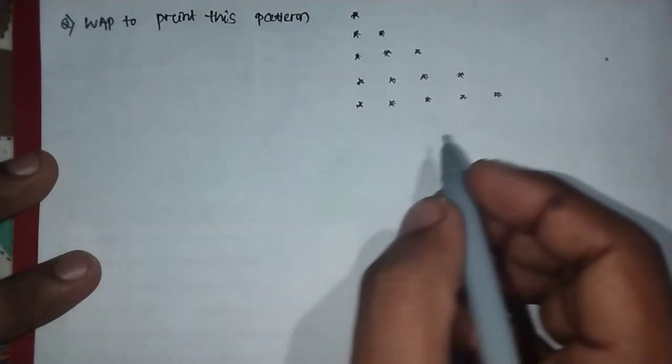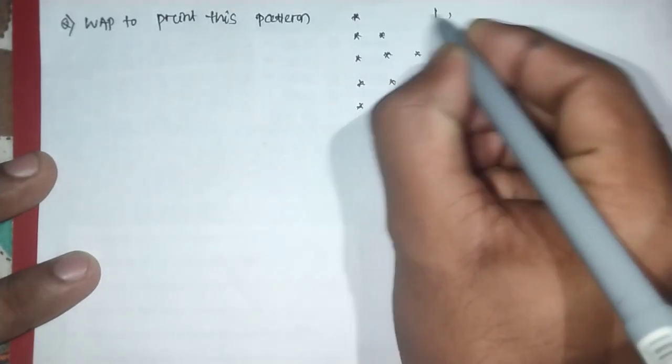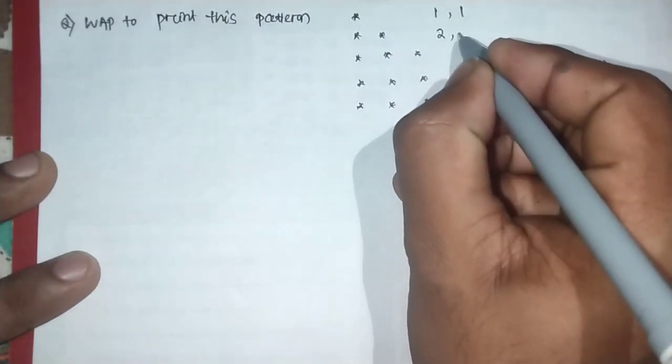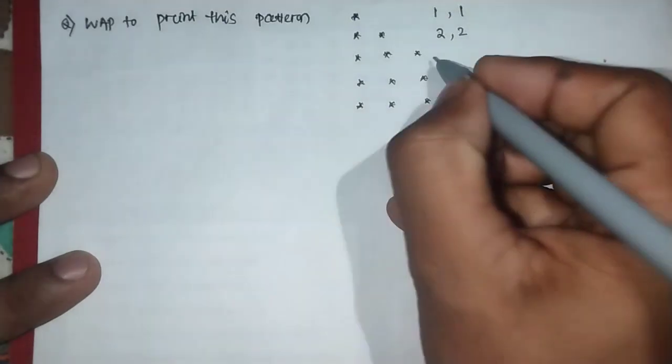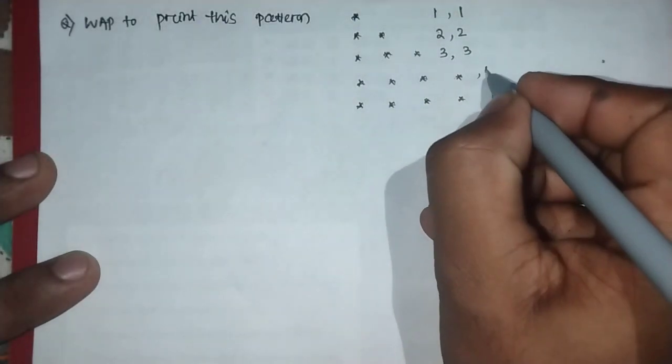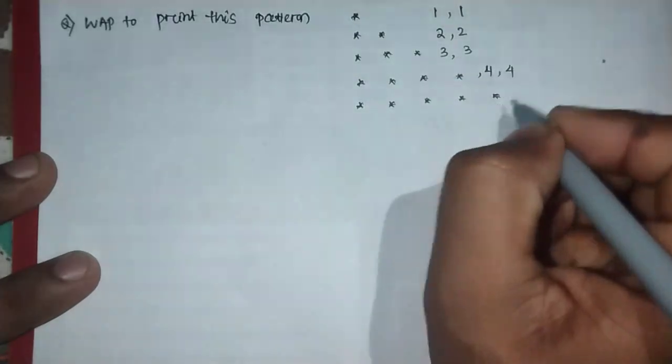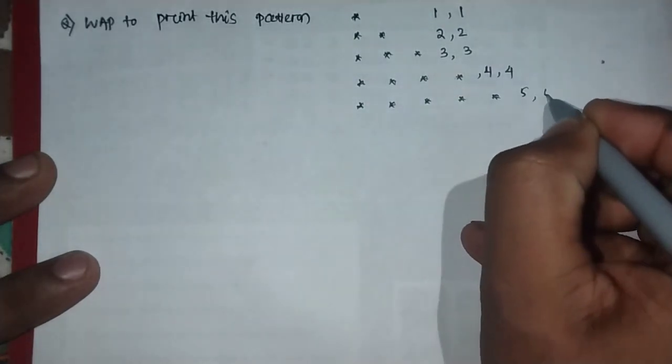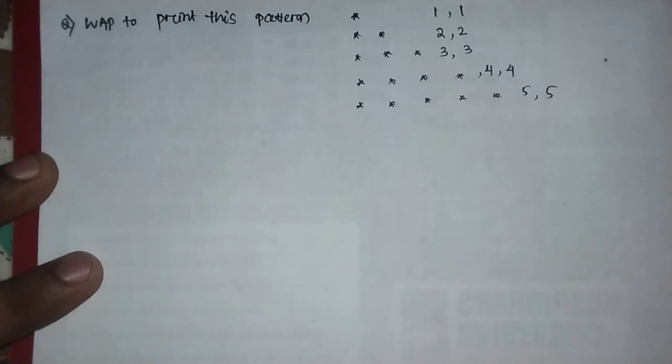So for this type of pattern, here you may see that in row number 1 there will be 1 column, in row number 2 there will be 2 columns, in row number 3 there will be 3 columns, in row number 4 there will be 4 columns, in row number 5 there are 5 columns. So what is the logic behind this?